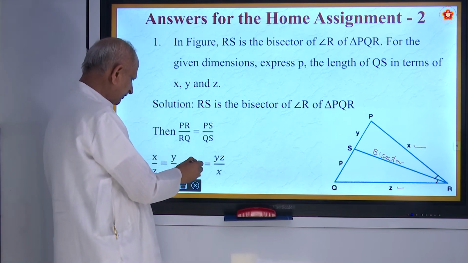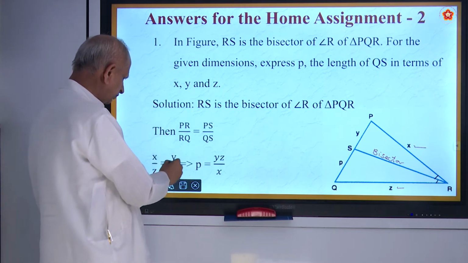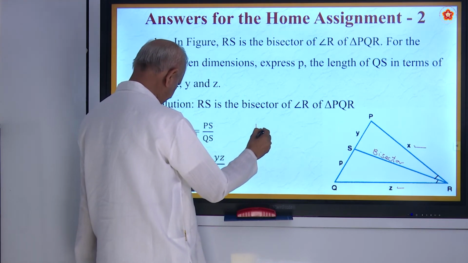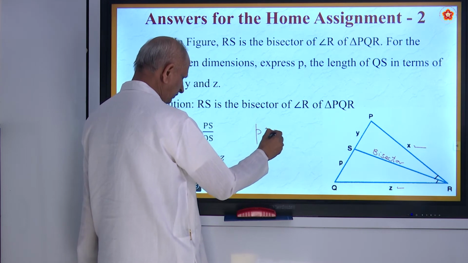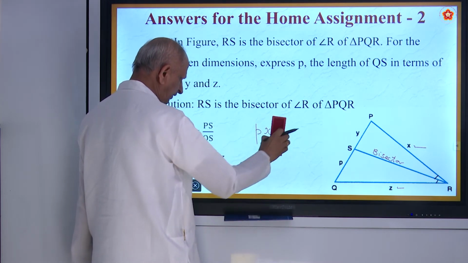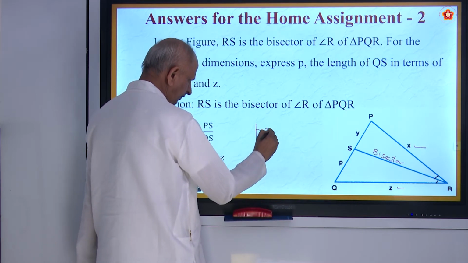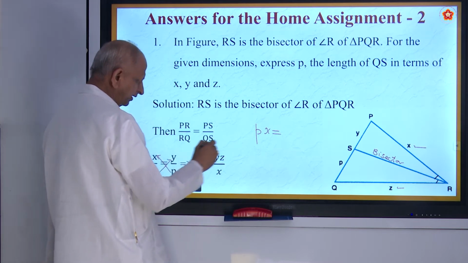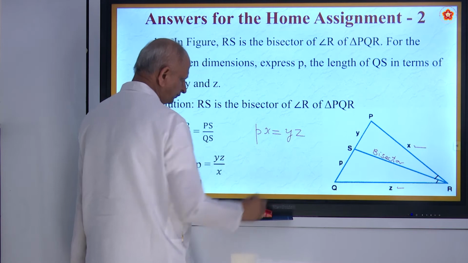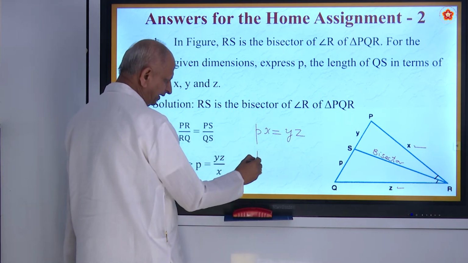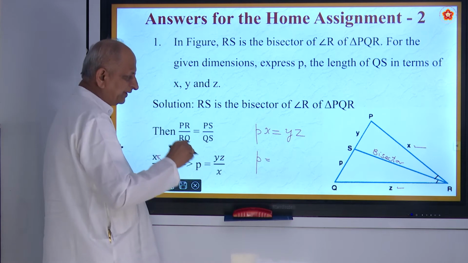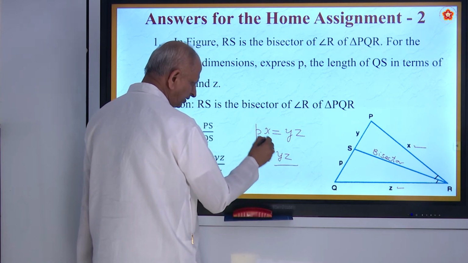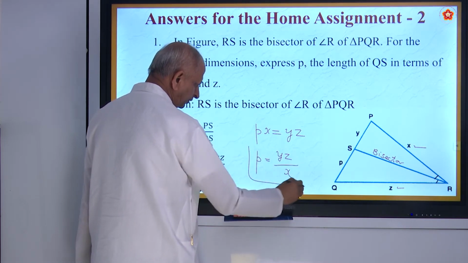In this, if you want to find out P, cross multiply, you get P into X is equal to Y into Z. Now they are asking to express P in terms of X, Y, Z. So P is equal to YZ, numerator, denominator will be X. So that is the answer.